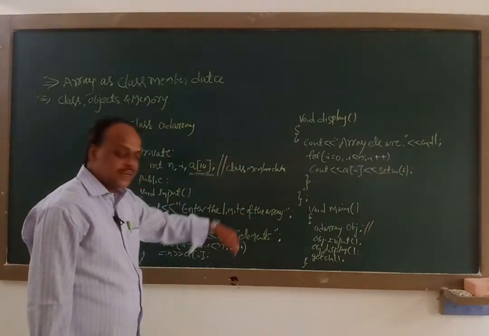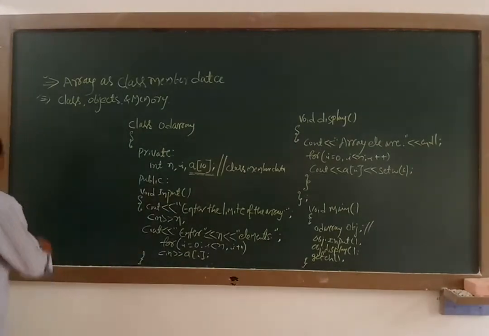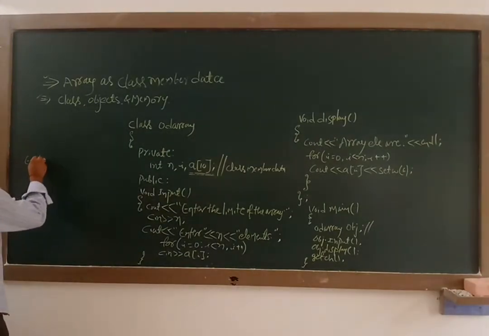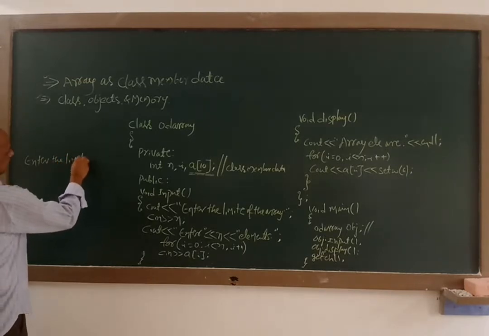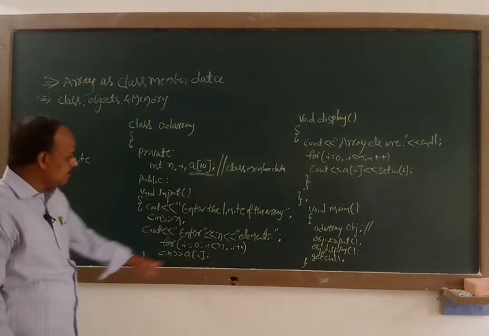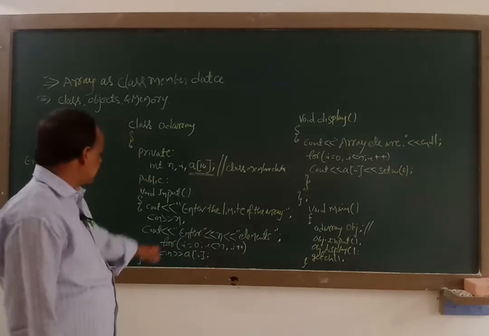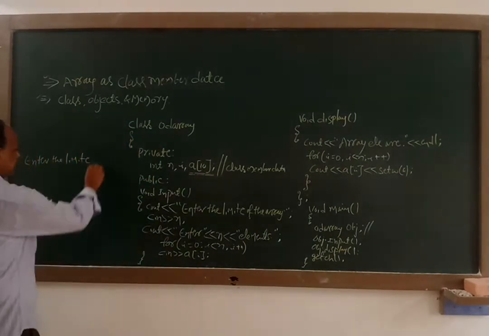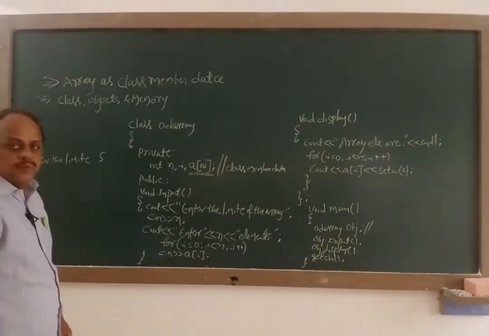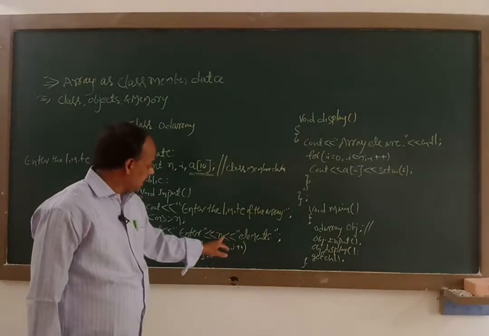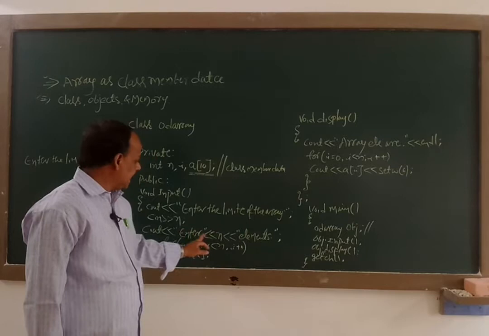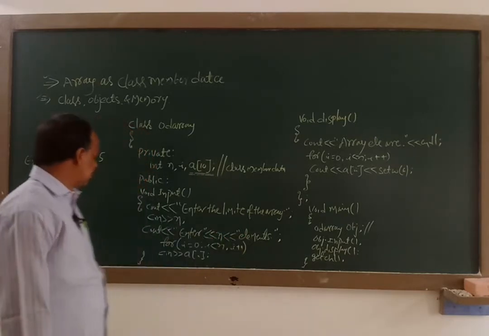What is printing? Enter the limit of the array. Next I am going to write 5 as the limit.